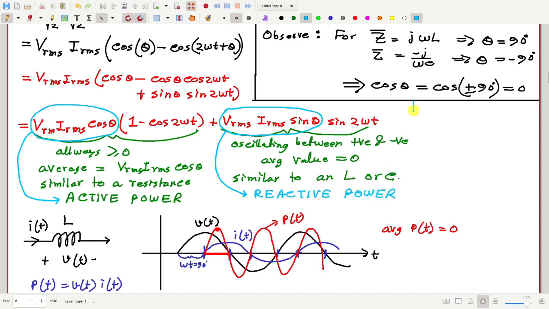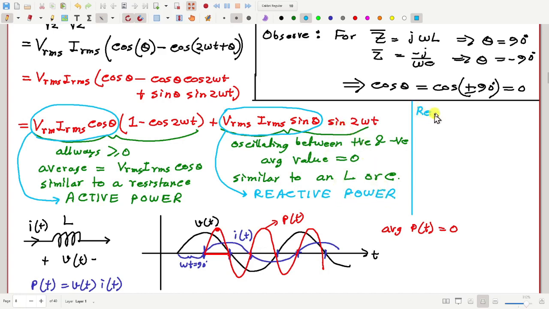Here you observe that the term corresponding to the active power is always positive. That means power is always consumed. But the term corresponding to the reactive power is sometimes positive, sometimes negative.